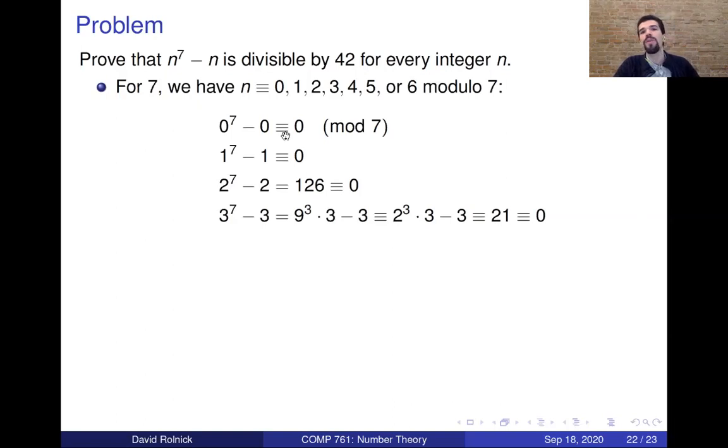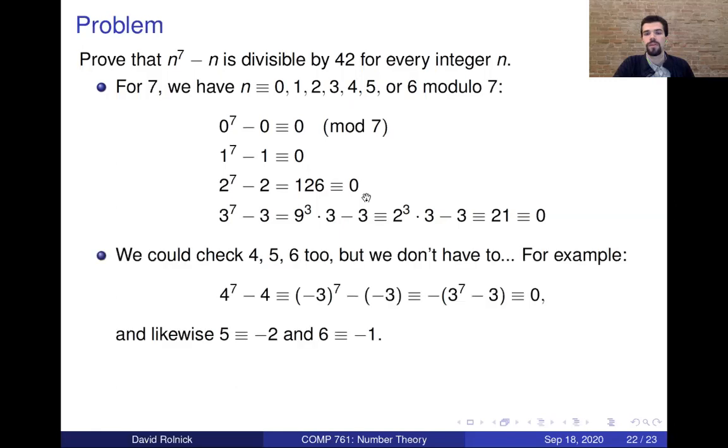Now what do I do for the others, 4, 5, and 6? I could do more of these calculations, and it wouldn't take very long. But indeed, we don't have to check those, because 4 is the negative of 3 modulo 7. So we can write 4 to the 7 as negative 3 to the 7.